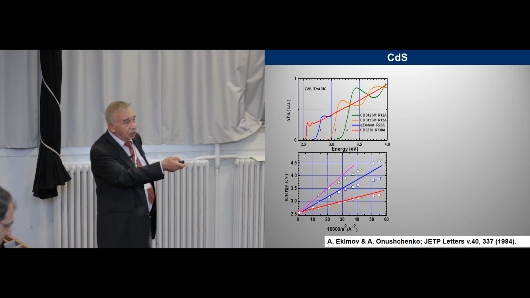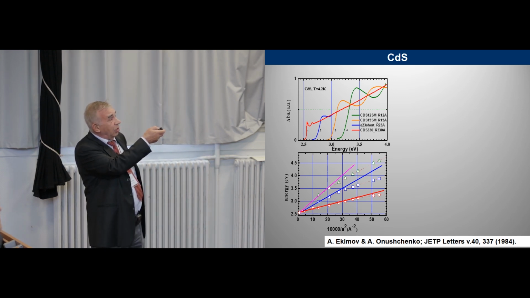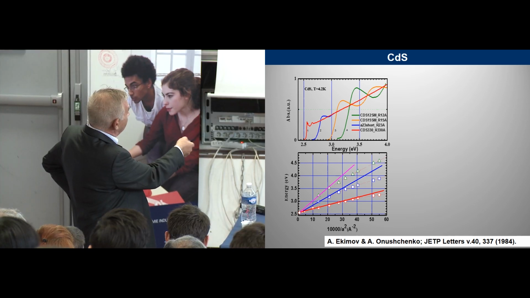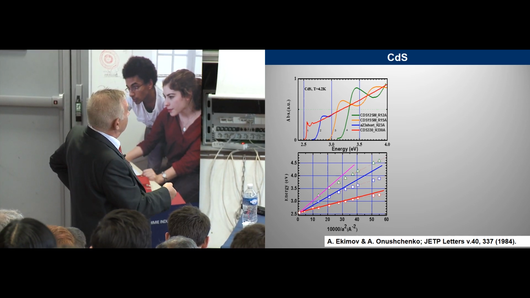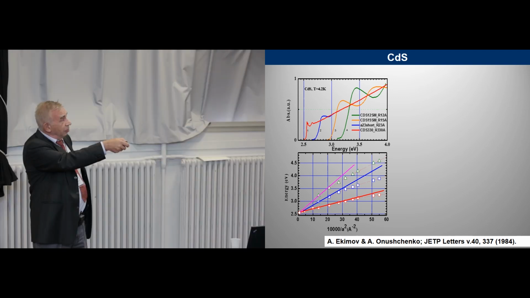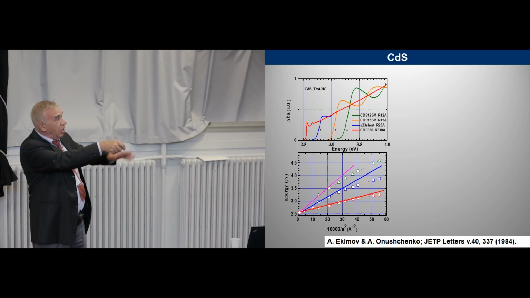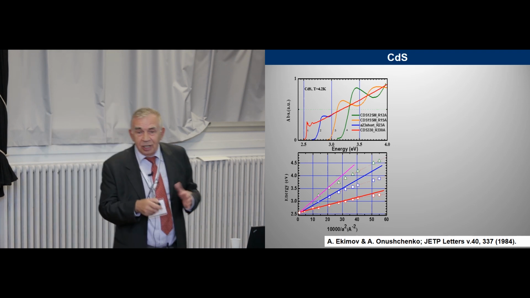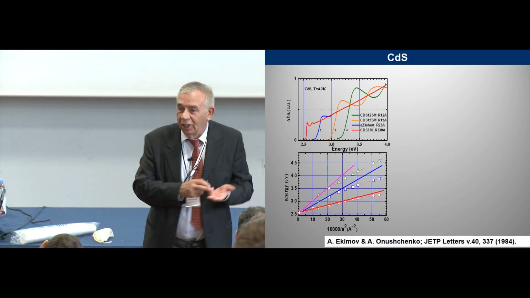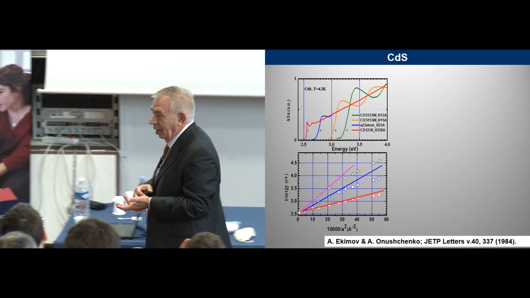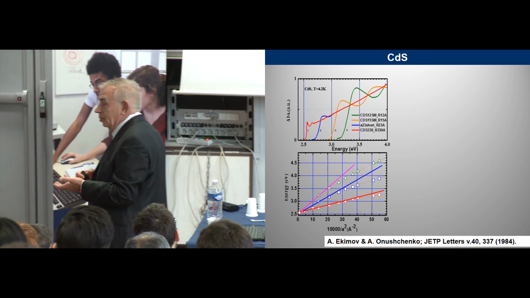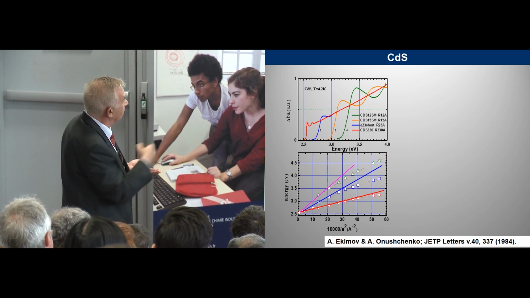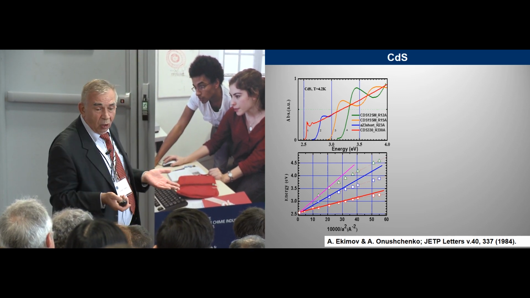But still, you see, it is 1984, and we still have nothing to show and to discuss about Z2.6. These are experimental points, and these are just fits to give the slope, and nothing more. We know this is because of the mixing of bands, so that's why we have this effect, but not more.